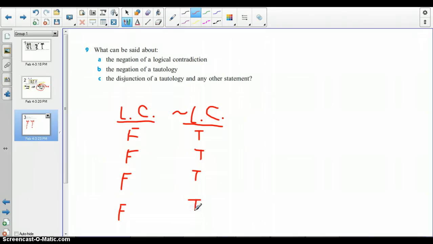And what's it called when all of the values in the truth table column are true? That's called a tautology. So the negation of a logical contradiction is the same thing as a tautology.